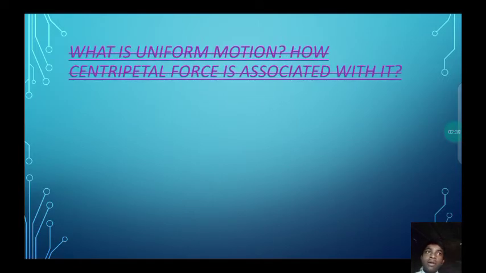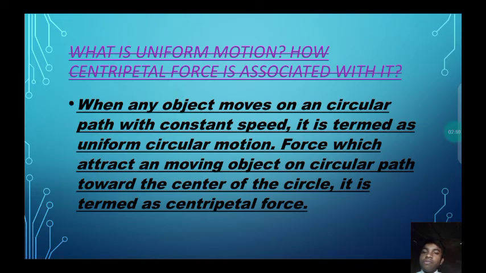Yeah, so now we will see what uniform circular motion is, and how centripetal force is associated with it, and we will relate them. First we will see uniform circular motion.